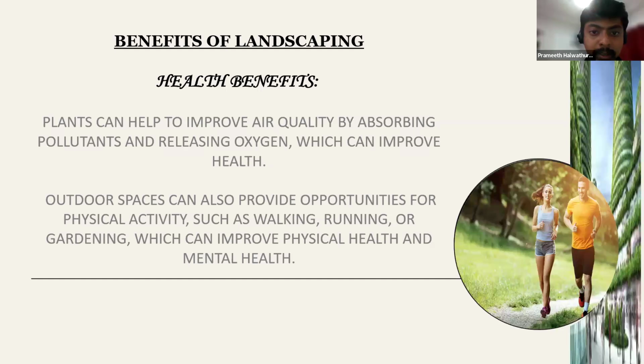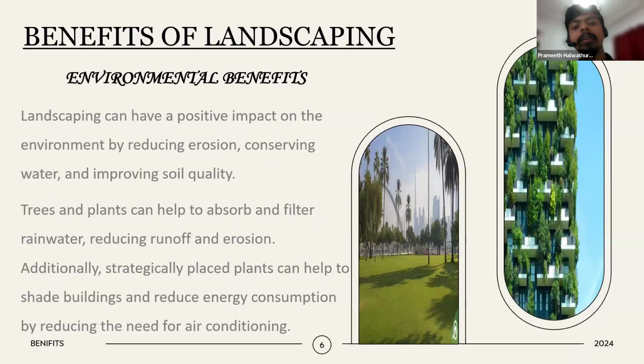Next benefit is the environmental benefit. When we compare a concrete area with a green area, the green area is very supportive of the environment. Landscaping can have a positive impact on the environment by reducing erosion.